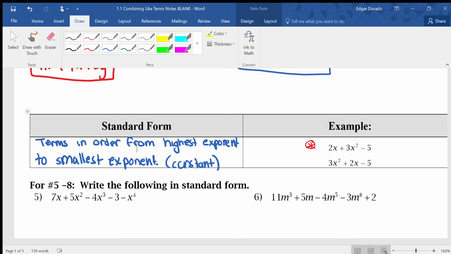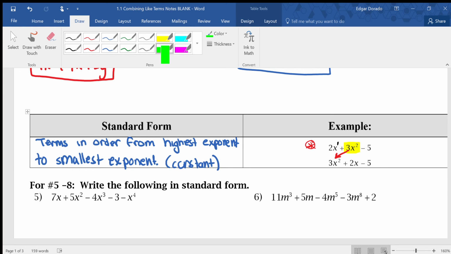Now, right away off the bat, I can see that the highest exponent is the 3x squared. That's the reason why we put that first.